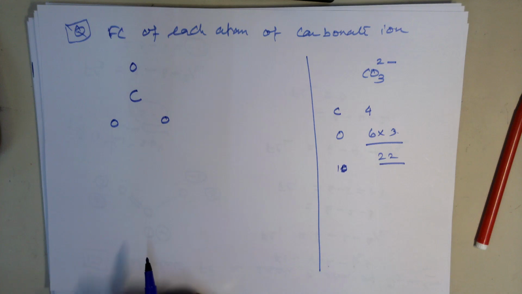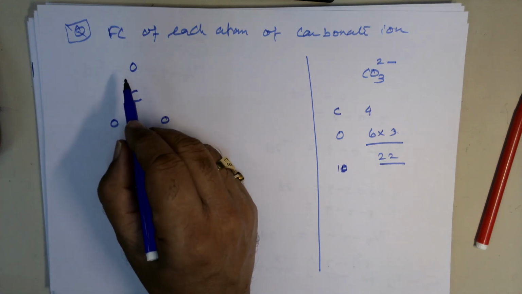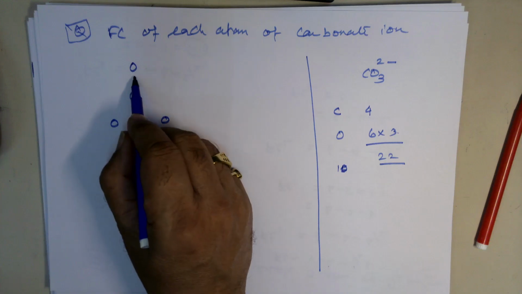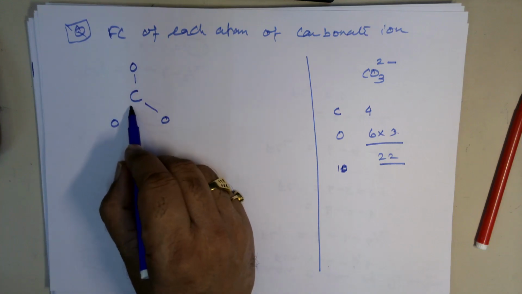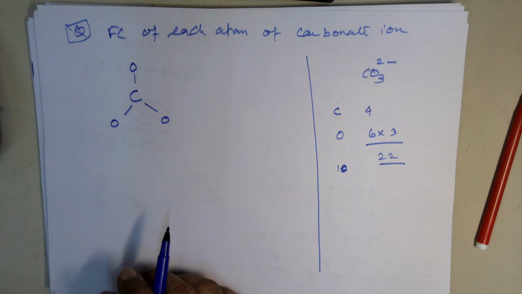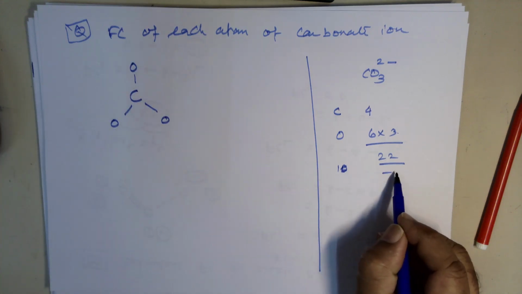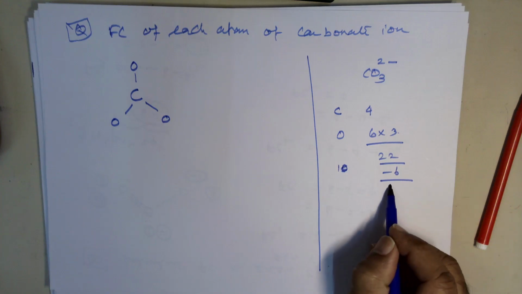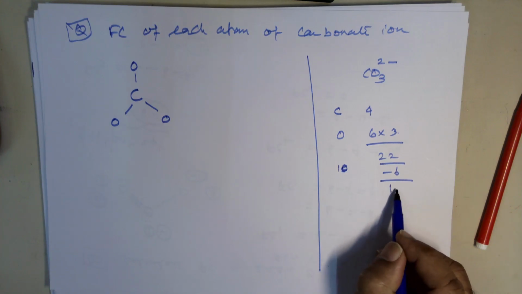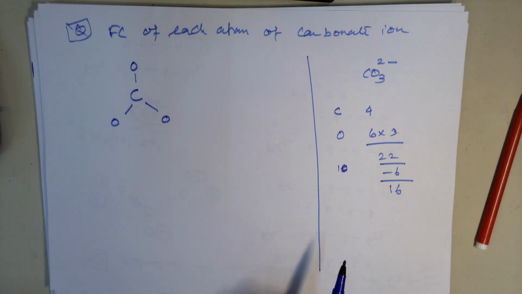First you establish single bonds. Each bond has 2 electrons, so 3 into 2 is 6. Subtract 6, remaining 16.